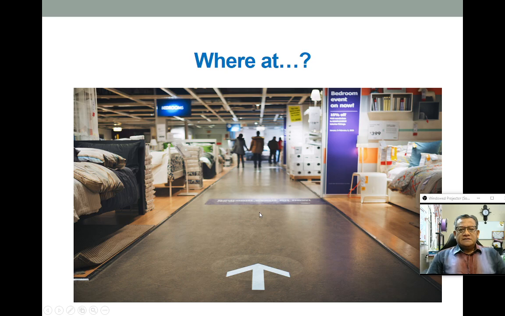Well, if you visit IKEA, as far as the direction that you are moving, normally you could take a look at the arrow on the floor, which is projected from a light to the floor, and you just follow or move along the direction of the arrow in front of you.